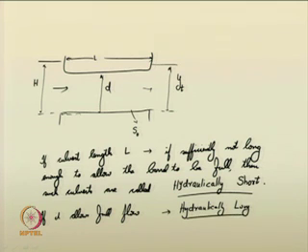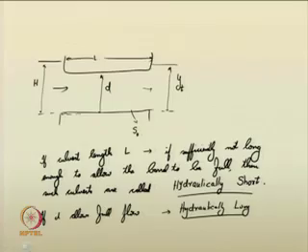So, these are the two main classifications. The type of flow in the culvert can be hydraulically short or hydraulically long. From these two classifications, we can suggest what the criteria are for hydraulically short.